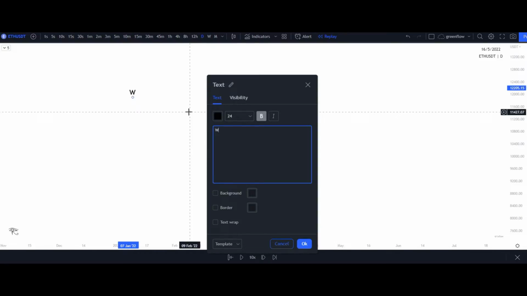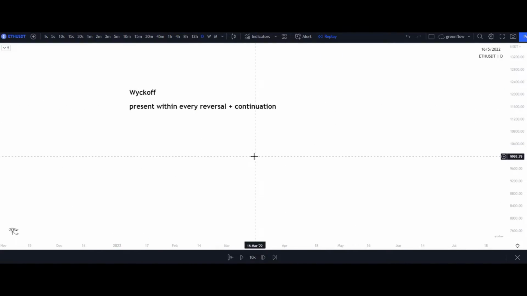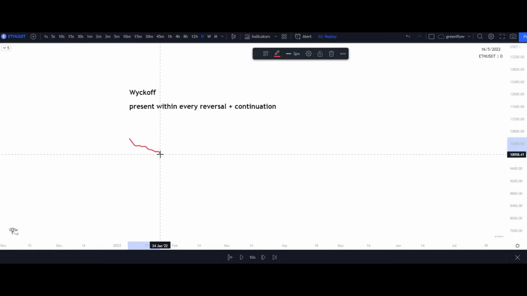So let's go ahead and put down Wyckoff. What it is, it's present within every reversal and continuation. All right, so our Wyckoff is present within every reversal and continuation. Let's talk about the terms. What are they? So for your bottoms, for your moves to the upside, these moves right here, accumulation.